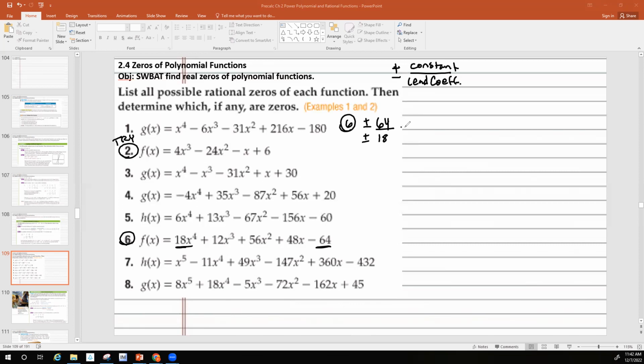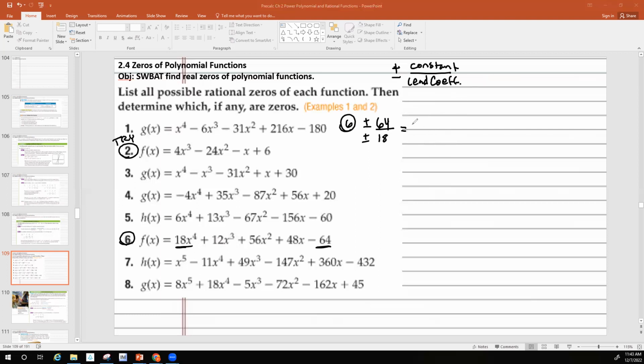So watch how many possible rational zeros there are. You ready? Here we go. First off, we're going to write down all the factors of 64 and all the factors of 18.